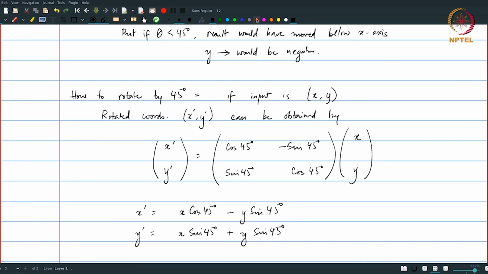Note that this is actually a rotation by plus 45 degrees, or in other words, counterclockwise.